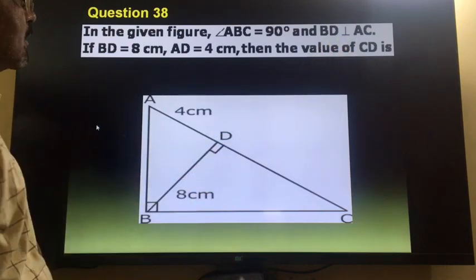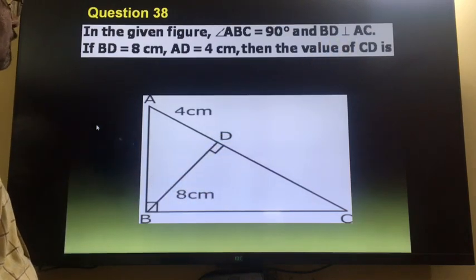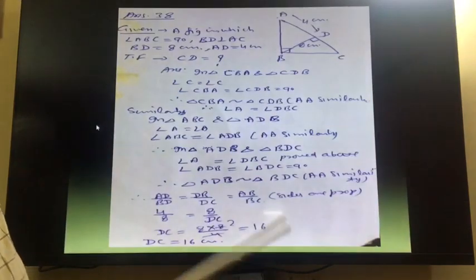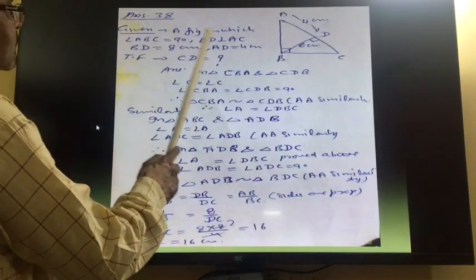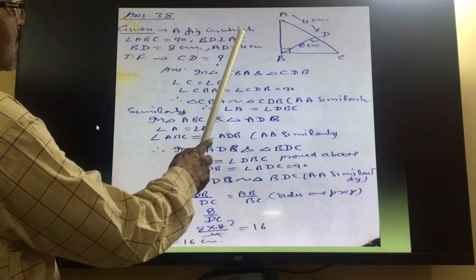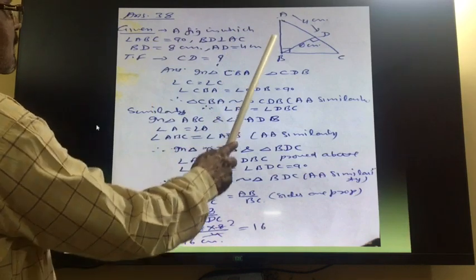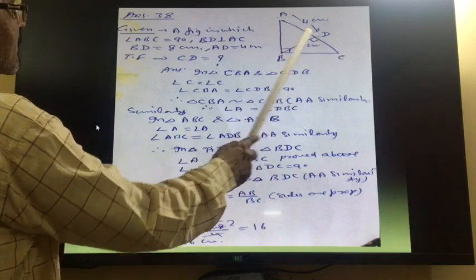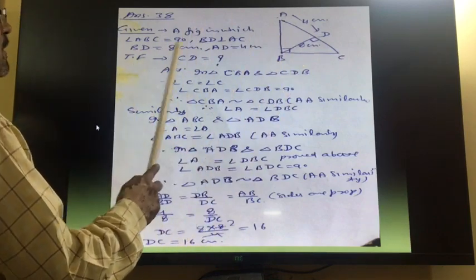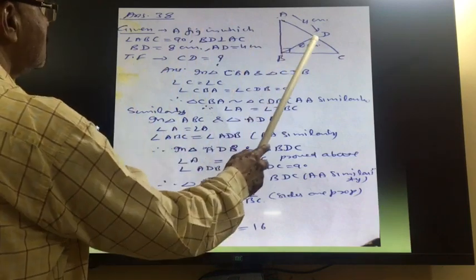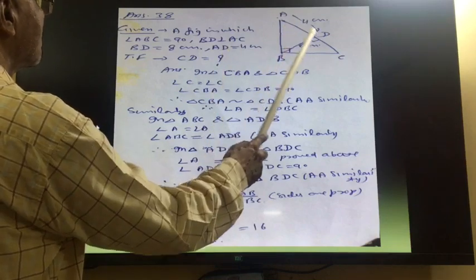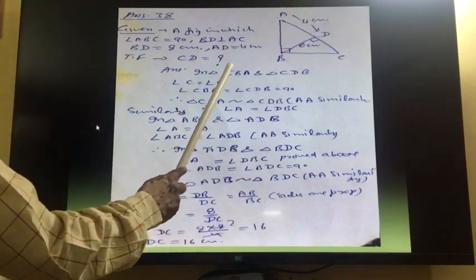This we have to find out. To see the solution for this: in this question, a figure is given in which angle ABC is 90 degrees, BD line is perpendicular to AC, BD is equal to 8, AD is equal to 4 centimeters, and CD we want to find out.